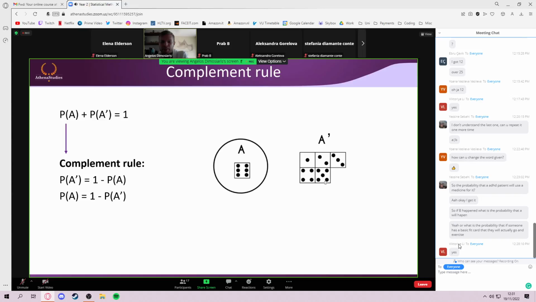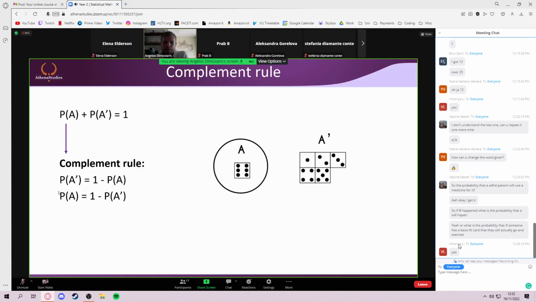So what's the probability of the complement of A to happen? It's 1 minus the probability of A to happen. So the probability of this thing to happen is 1 minus 1 divided by 6, because A has the probability 1 divided by 6 to happen.